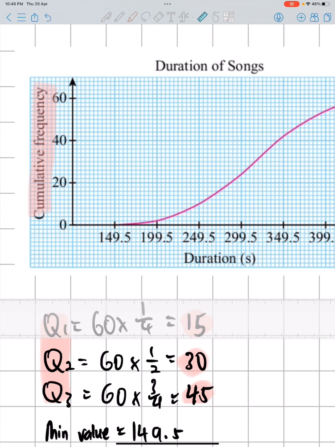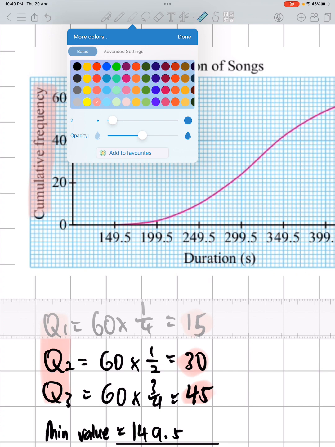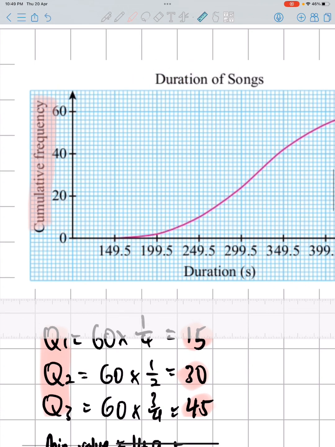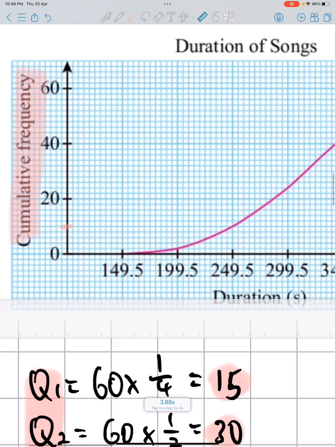So 15 is, here is 10. We can calculate 2, 4, 6, 8, 10, right? So 15 is 2, 4, 6. So 4 and 6, the middle is 5. So 5.